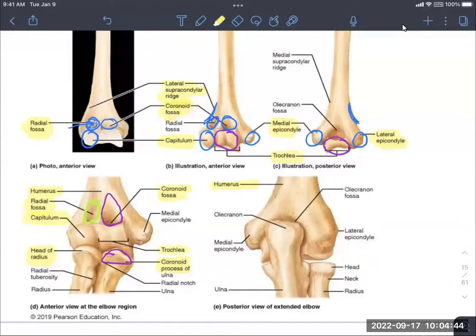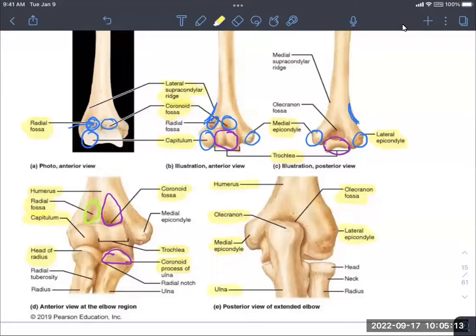So now if we look at the next picture, we see, again, the olecranon fossa. That's where the olecranon articulates. So when you straighten your arm, this whole thing stops your arm straight, so it will not go any further. And we always have our medial and lateral epicondyles.